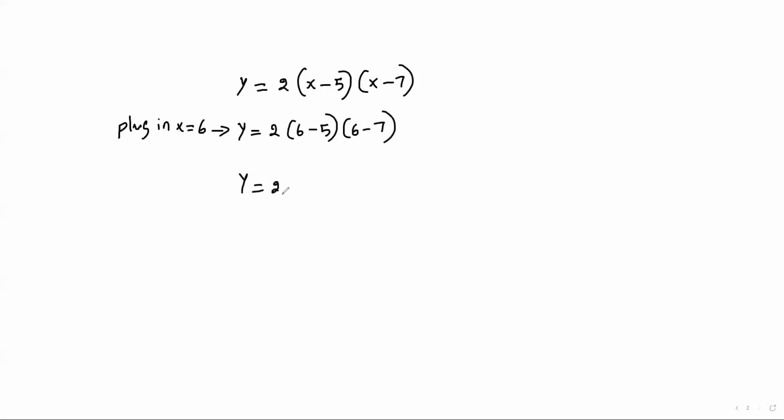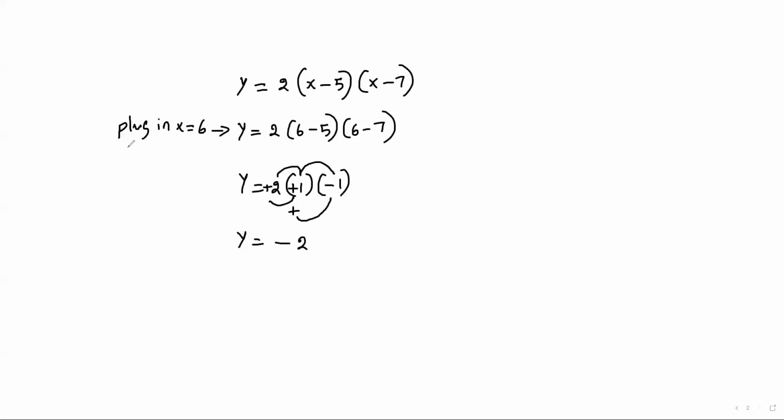So y is equal to 2 times, 6 minus 5 is just 1, and 6 minus 7 is just negative 1. In front of 2 we have to assume there is a positive sign, and in front of 1 there is no sign, so we assume it is positive. Positive times positive becomes positive, positive times negative becomes negative. So 2 times 1 is 2, and 2 times 1 is 2. So we get y equals negative 2.